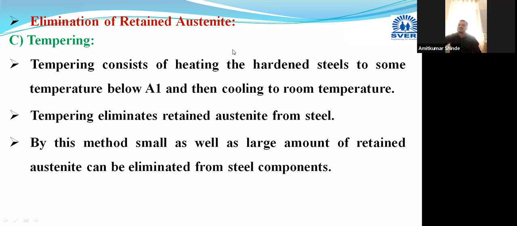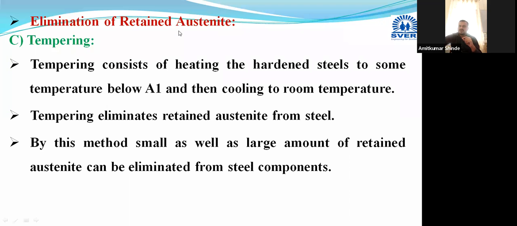Then we have discussed the meaning of retained austenite, the effects of retained austenite, and different methods that can be used for its elimination, like sub-zero treatment. Sub-zero treatment is very important, and then plastic deformation and tempering.